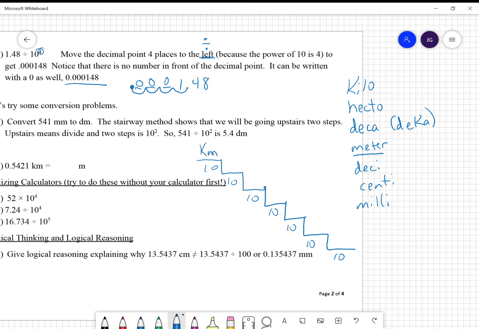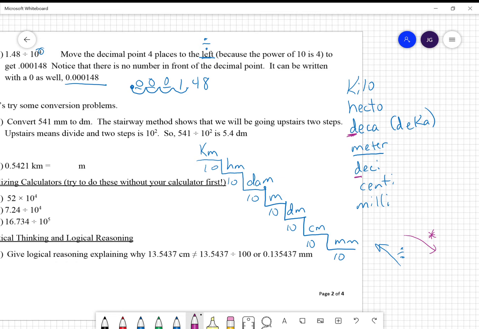So kilometer, hectometer, decameter is DAM because if you see we've got 2 prefixes that start with D. So DAM is decameter. Then we have meter, decimeter, centimeter, millimeter. If you go upstairs, you're dividing. If you go downstairs, you're multiplying.